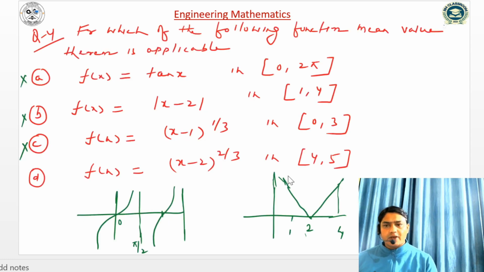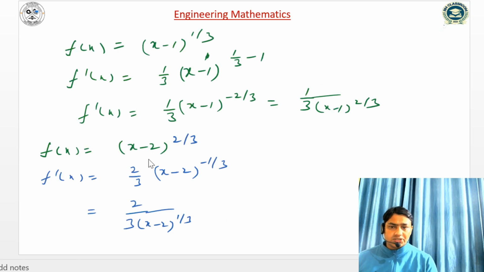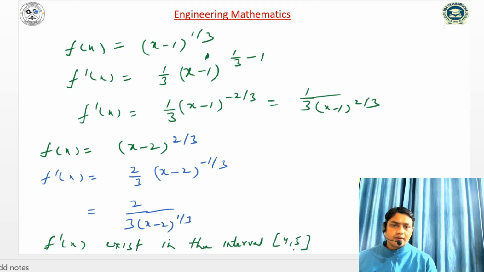So in the interval 4 to 5, f dash x exists.